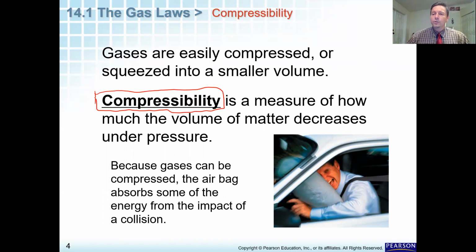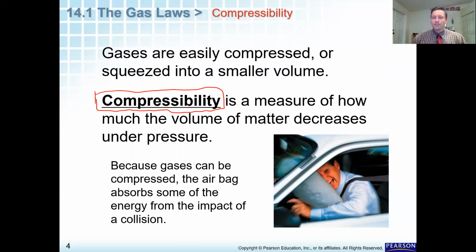Think about a liquid, and we talked about this earlier in the week. That is why liquids, particularly oil, are used in hydraulics, which is what backhoes and loaders and a lot of heavy machinery use to move the parts, because a liquid is not easy to compress.